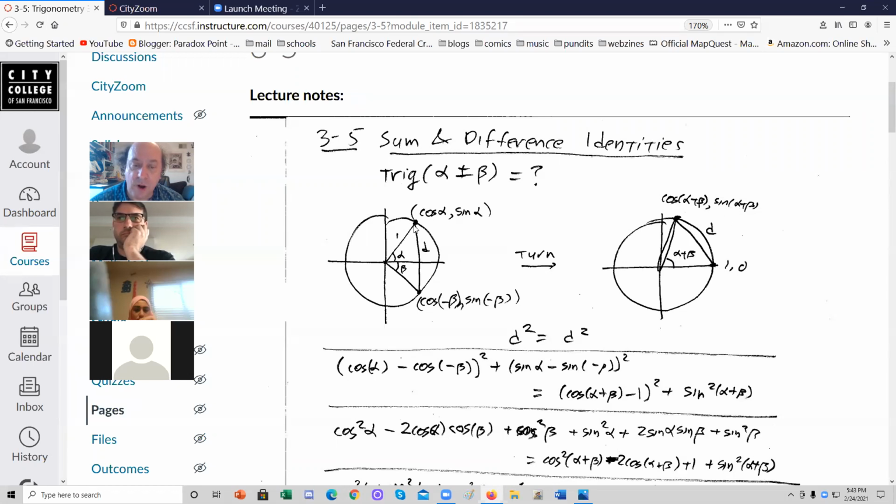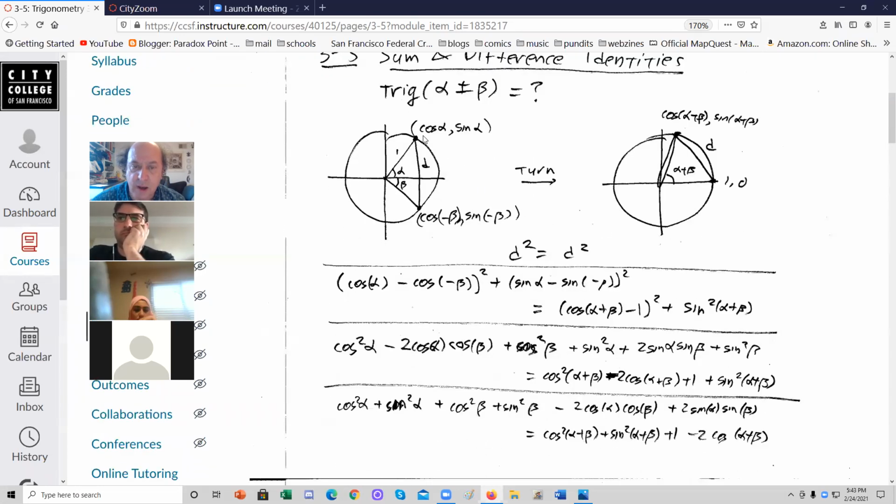Now when you turn the triangle, this distance from here to here is the same as this distance from here to here. It doesn't change. So the same d, and for convenience we'll say the same d squared. d squared for this equals d squared for this. By Pythagoras, d squared is the sum of the squares of the differences of the coordinates.